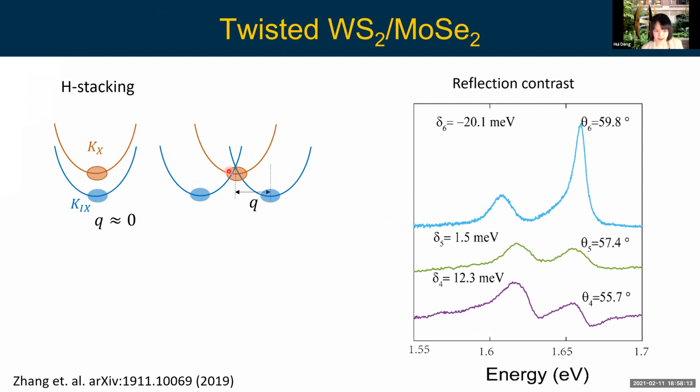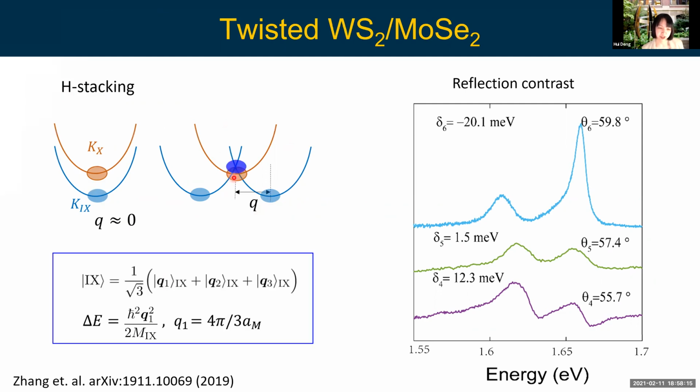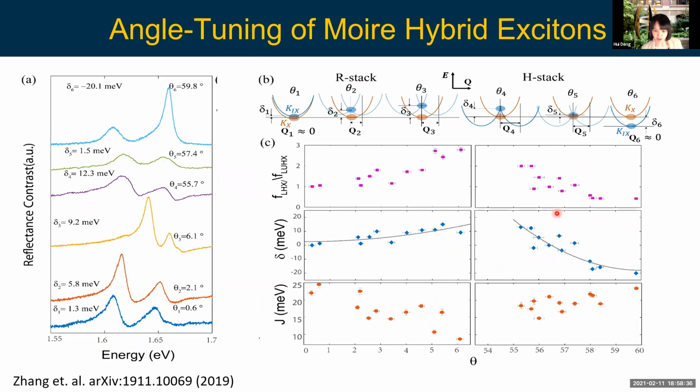And when that happens, the different branches overlapping in the middle can form a new symmetrized state, which recovers the same symmetry as the intralayer transition, and then can again very strongly hybridize with that intralayer transition and give us those split resonances. And we can also show that in this case, the energy difference between the inter and the intralayer will follow a quadratic dependence based on the quadratic band.